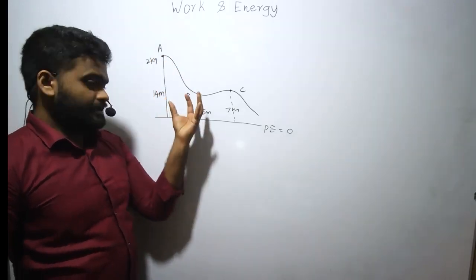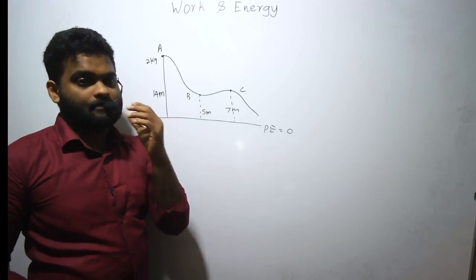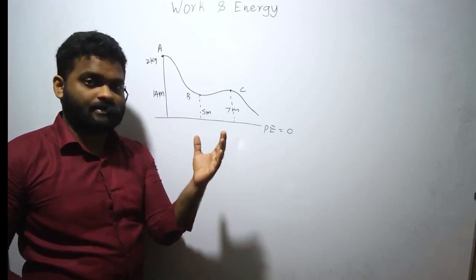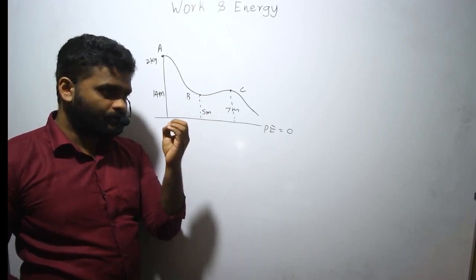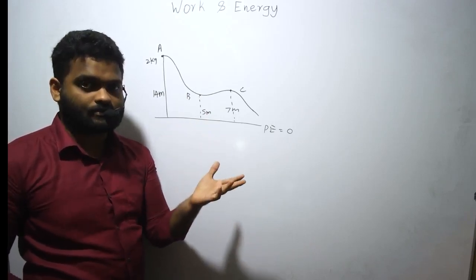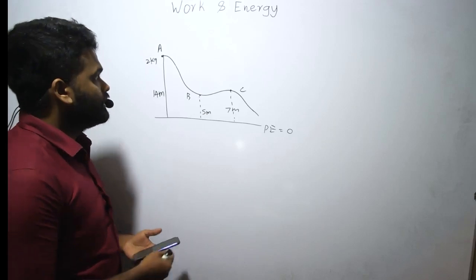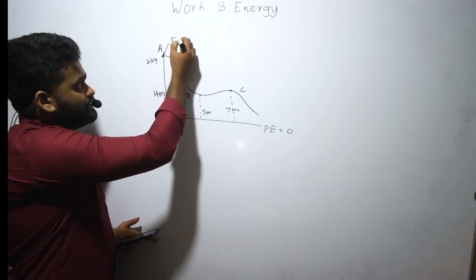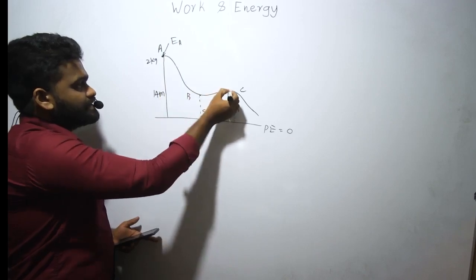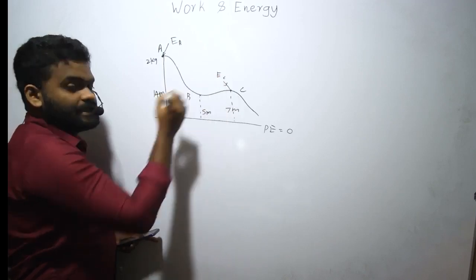For a question like this, you cannot apply linear motion equations, because the path is not linear. The only way to solve this is to use energy conservation. Meaning you can say the total energy here, let's say EA, is equal to the total energy here.